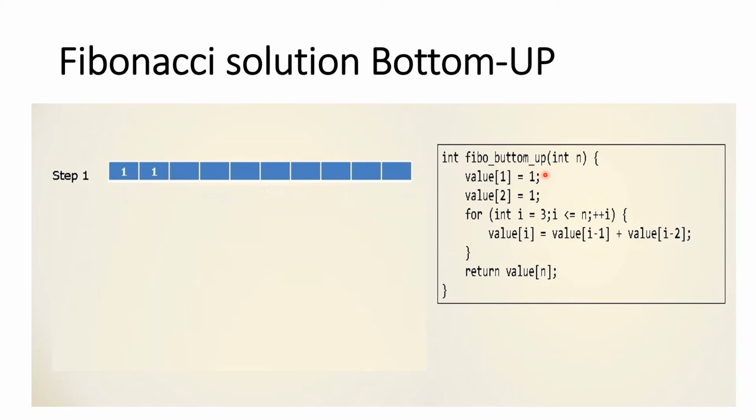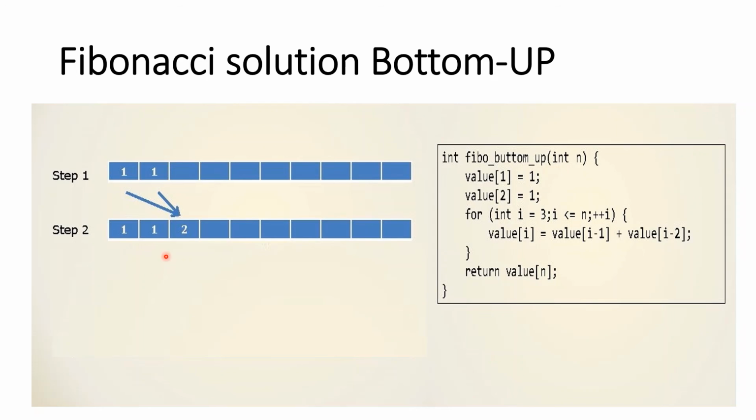In this code, we first store two values in an already calculated array named value. These values are stored in the array first, and then the Fibonacci sequence is calculated by adding these previous values, and then the result is stored again at the next index.